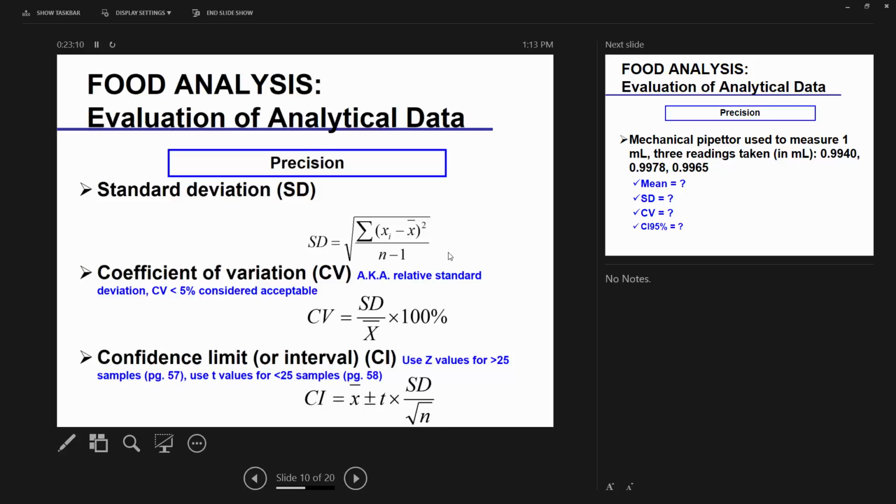But anyway, how do we get the t? If you go to page 58 in your textbook, I'll get you that in a minute because you need it for a calculation. You have a table on page 58 for t-values. Usually you look for the degree of freedom, which is the number of replication minus 1.